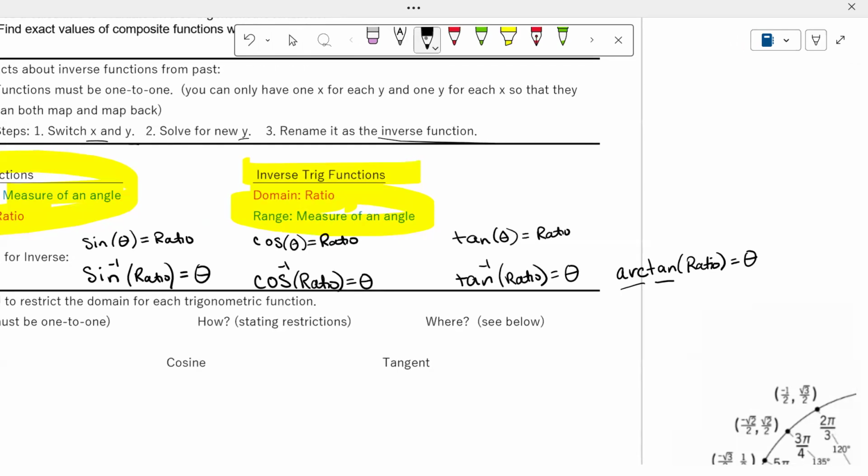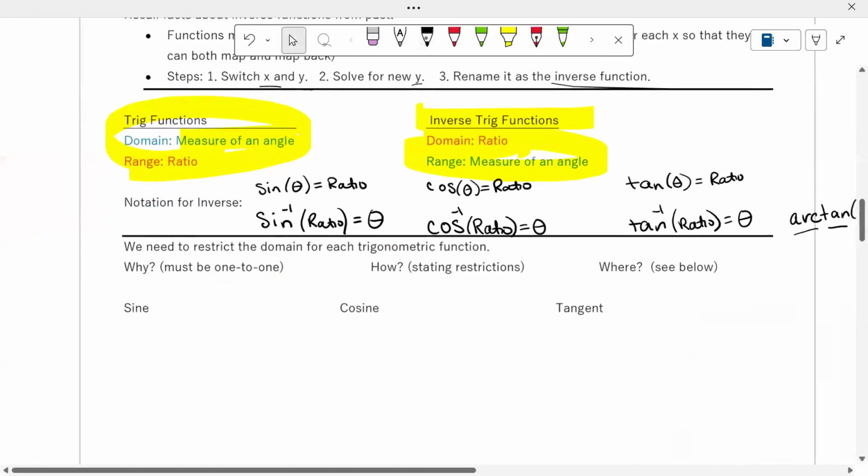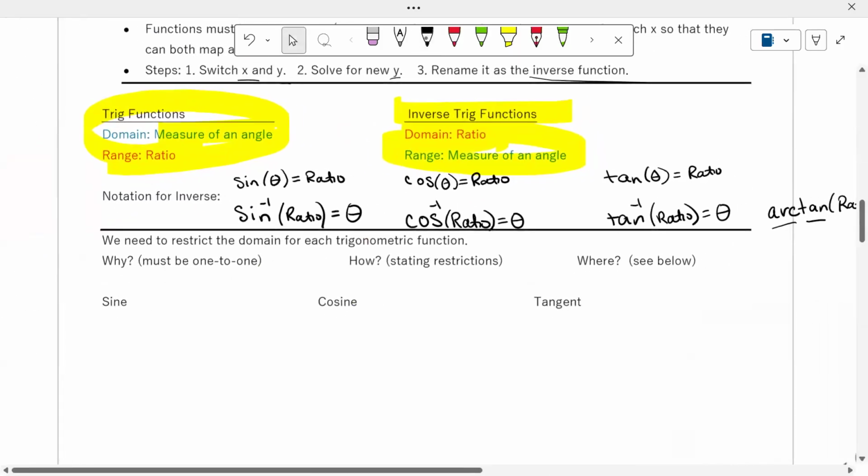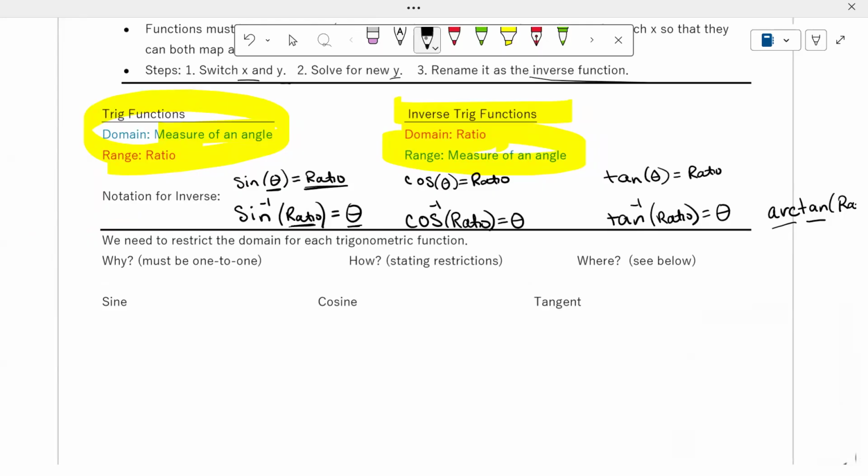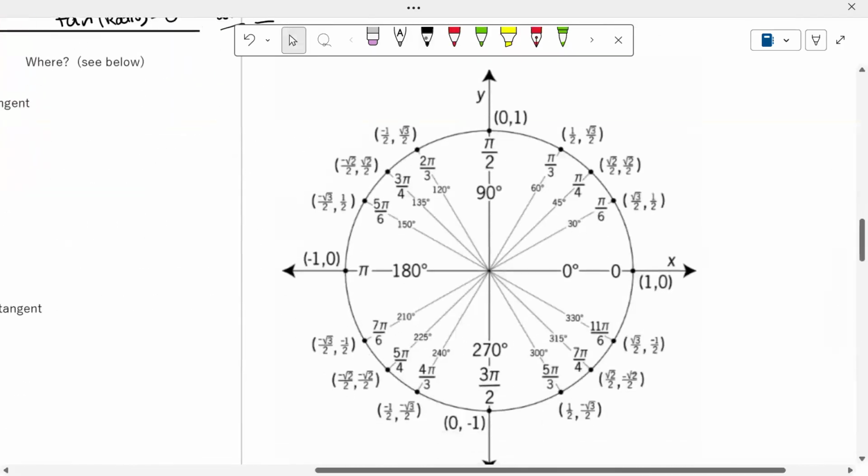Okay, now, if you recall from previous math classes, when you've had inverse functions, they had to be one-to-one functions. What we mean by that is that each angle can only have one ratio, and each ratio can only have one angle. We are presented with a problem when it comes to the trig functions, though. Here is why. Let's look at this unit circle.